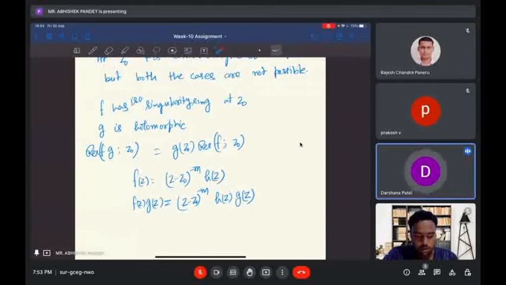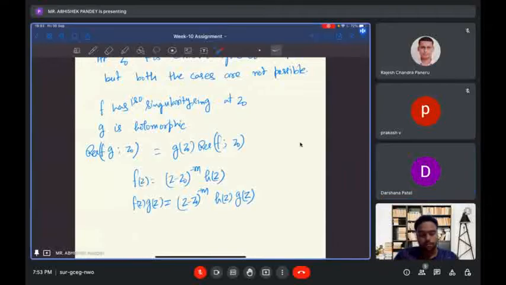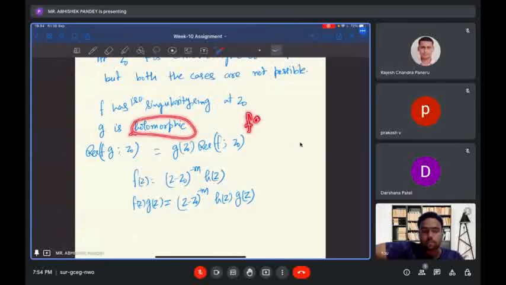Sir, clear, but can we not write this for removable singularity? Suppose f(z) equals sin z upon z. So suppose f has a removable singularity at z naught, and g is holomorphic. So f times g will also have a removable singularity at z naught.